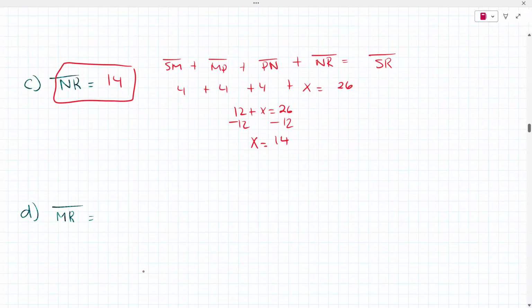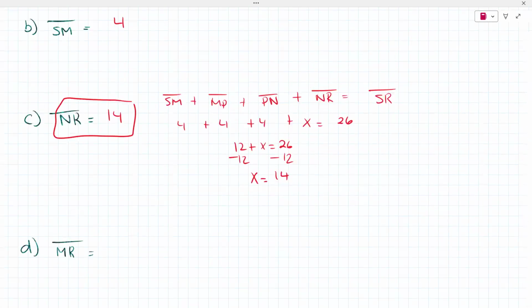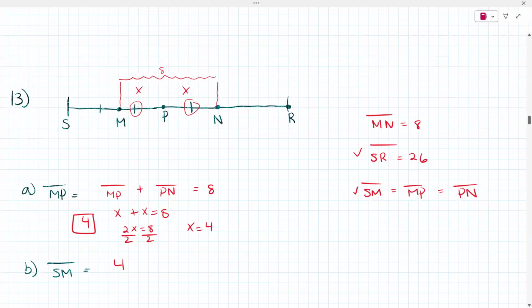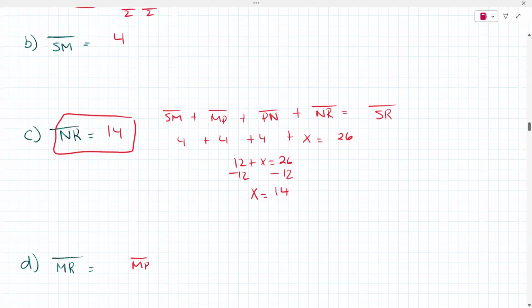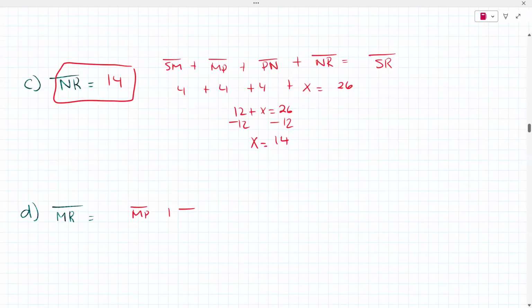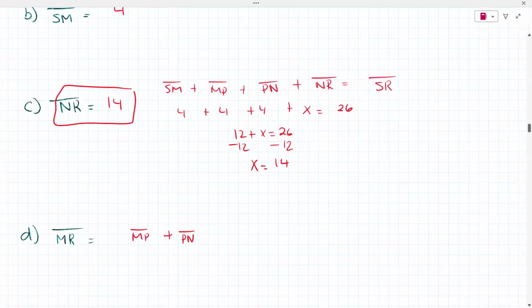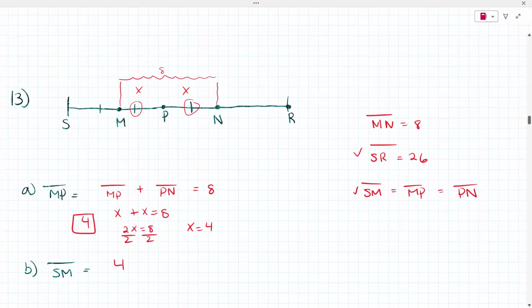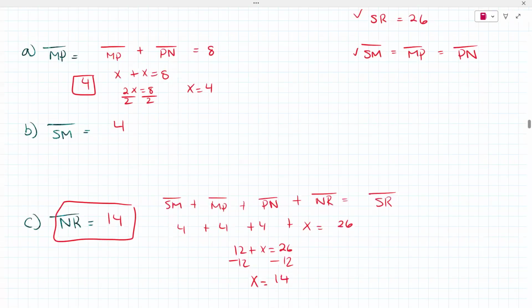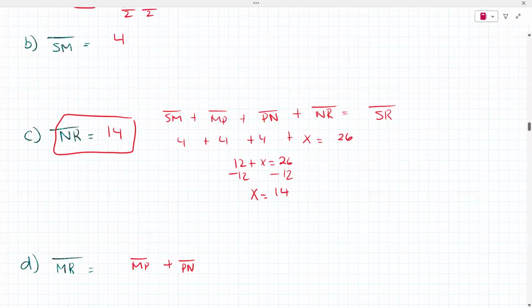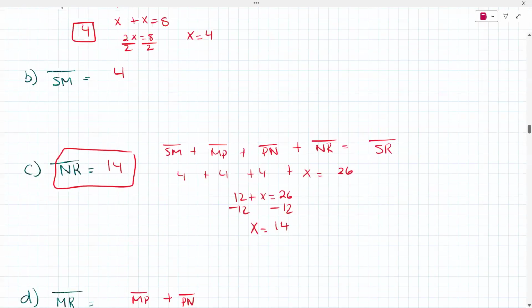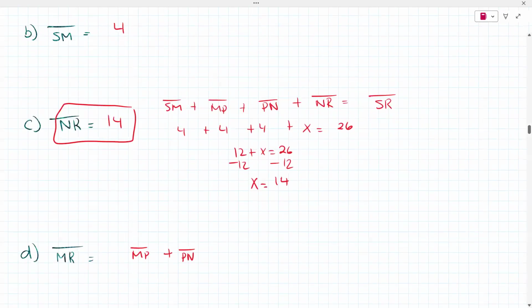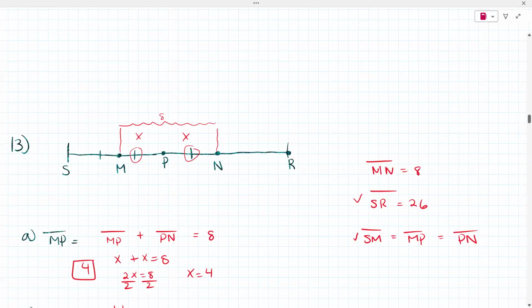Okay, D, find the distance of MR. So where's MR? So MR is going to be a mixture of MP, PN, and NR.